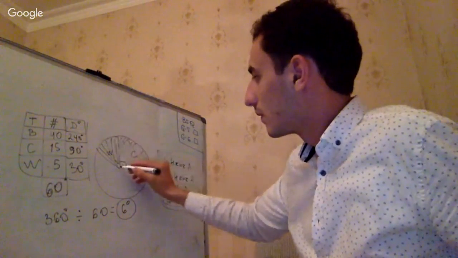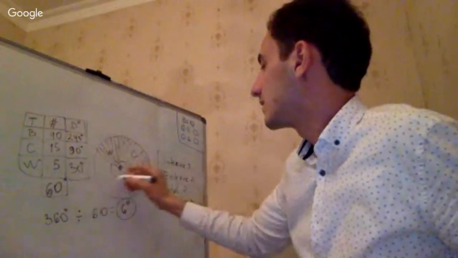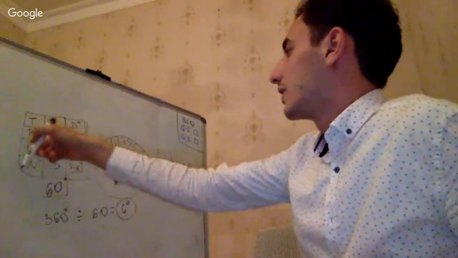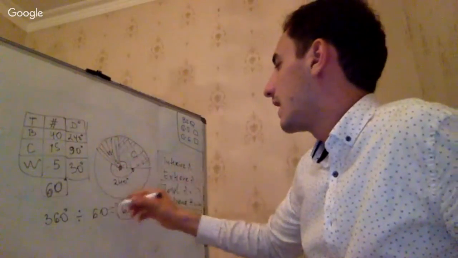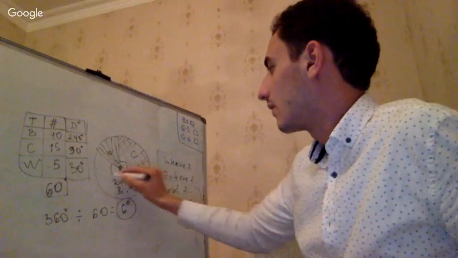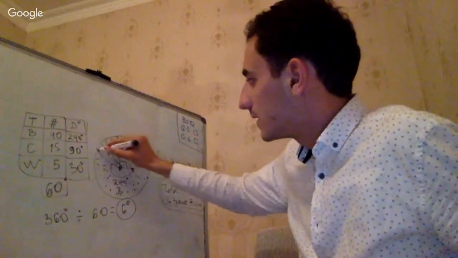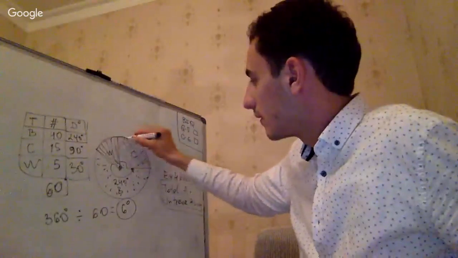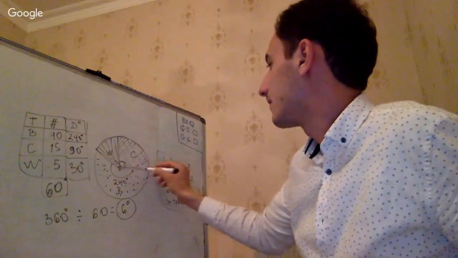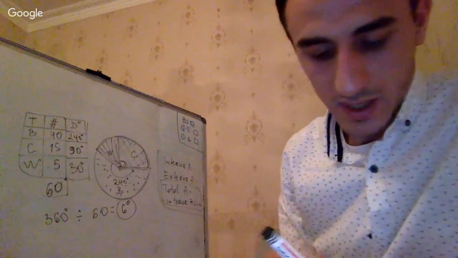And the rest of it will be 240 degrees, and this section is for those who go to school by bus. Okay? Now that's my pie chart. 90 degrees, 30 degrees, and 240 degrees.